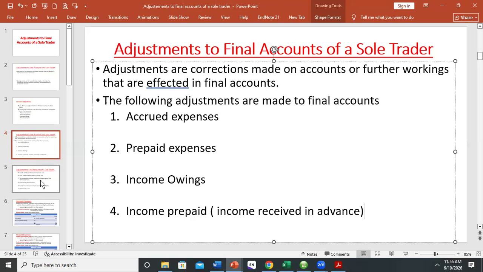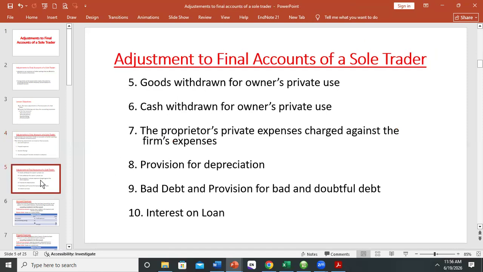And then we have the goods withdrawn. Now 5, 6, and 7 can all be referred to as drawings. That's the owner taking something for private use or personal use, or adding his or her private expenses to that of the business. So they are all drawings here. Then you have provision for depreciation, bad debts, and provision for bad debts. Then interest on loan.